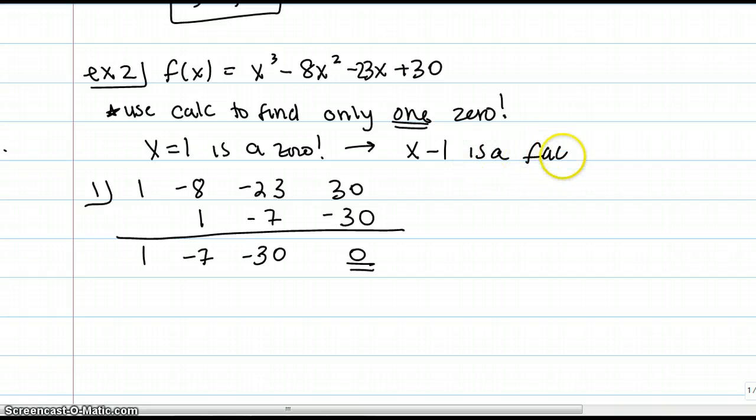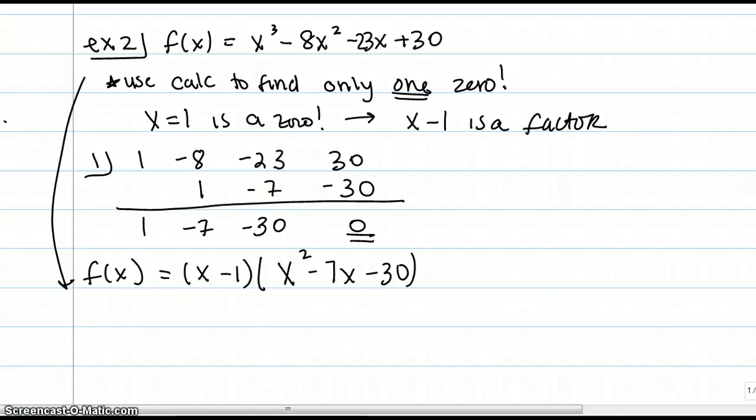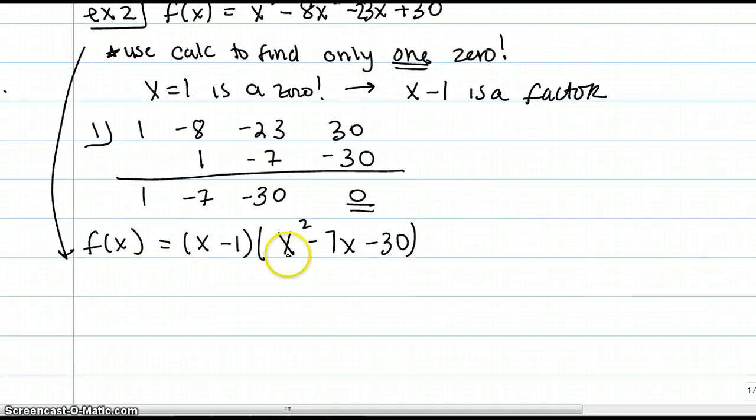So when I rewrite f of x, I get f of x equals, my first factor was x minus 1, and then the rest is my numbers. After we divide by that factor, we have x squared minus 7x minus 30. Then the last thing I need to do is try to factor this second trinomial a little bit more.